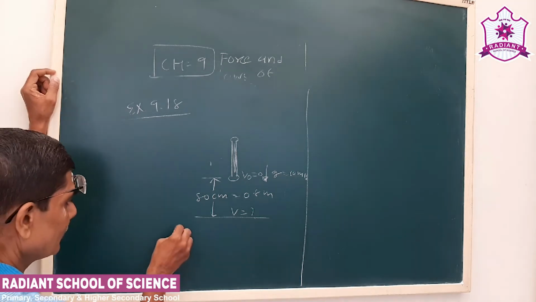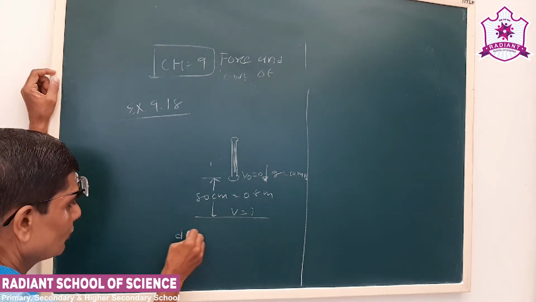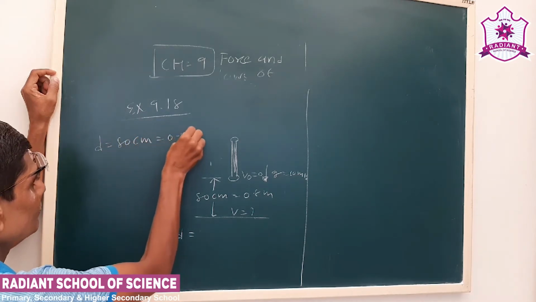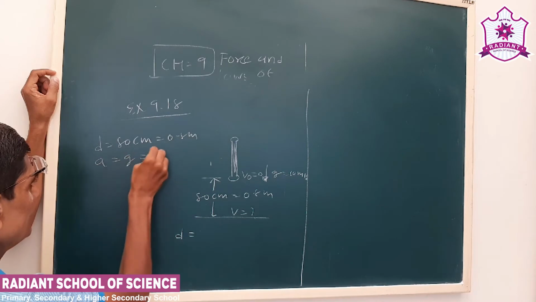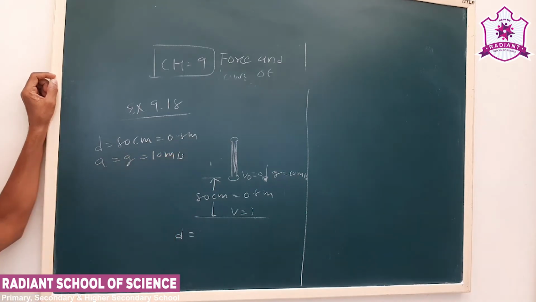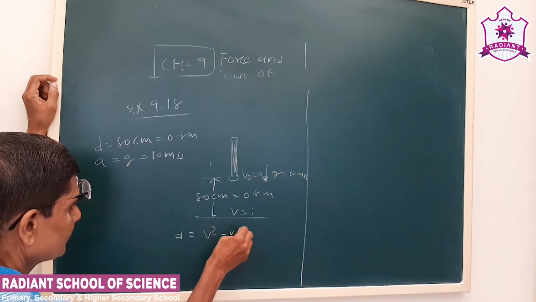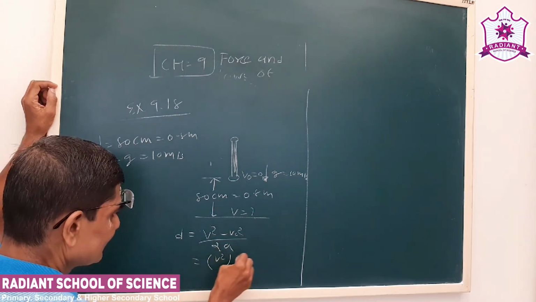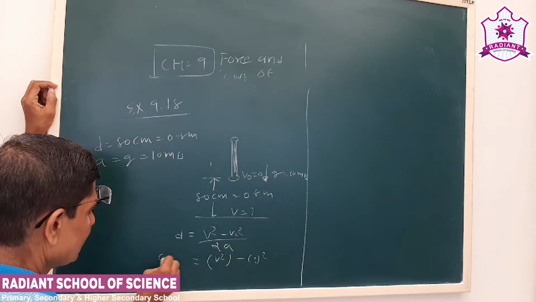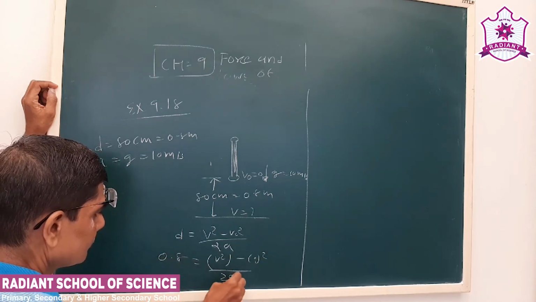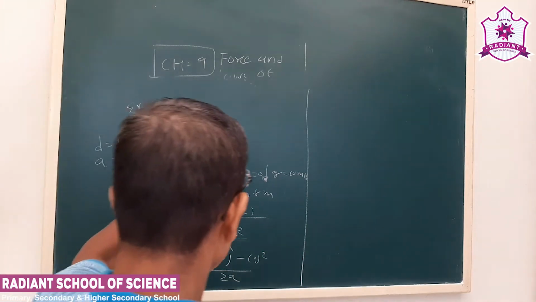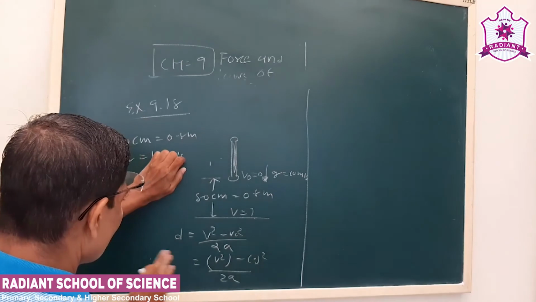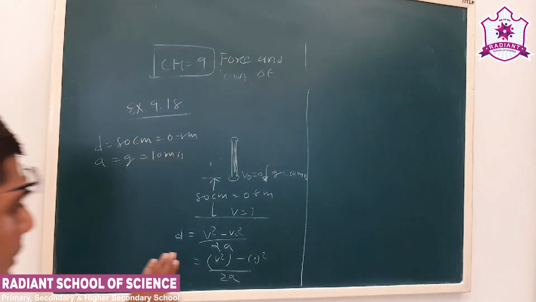Now here distance is 0.8. D is 80 centimeter. A is G, which is 10. We use the formula D is equal to V square minus V0 square upon 2A.